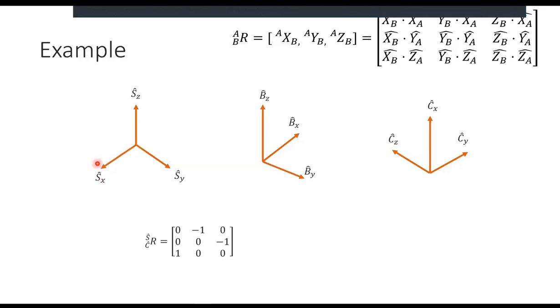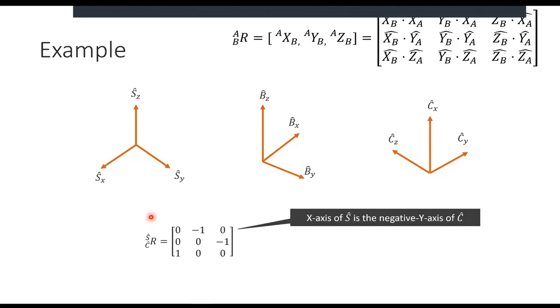Well, we can look at this top row. Does CX contribute at all to SX? No, they're completely orthogonal. It doesn't matter how many times I go up or down this, it's not going to change anything in my new reference frame.